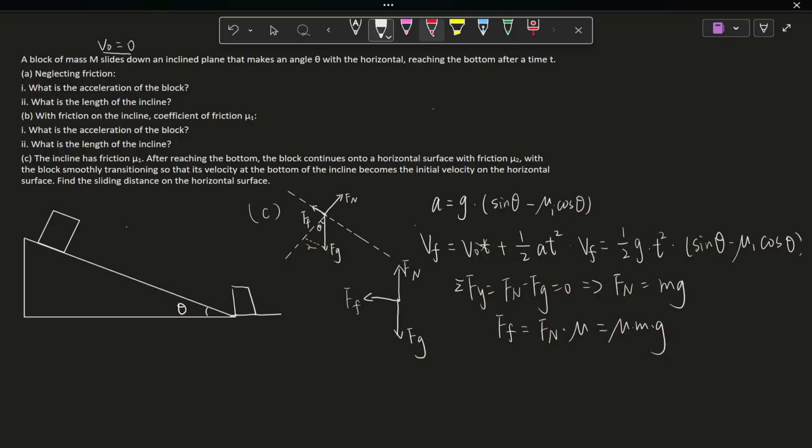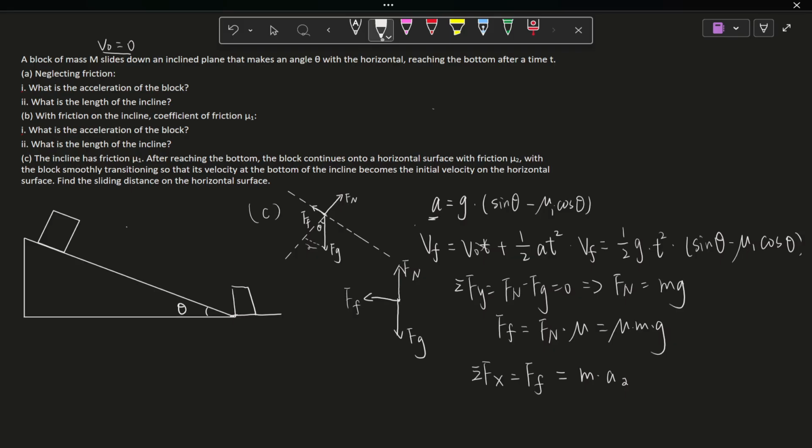And now let's write a net force equation for the horizontal direction, since it is moving horizontally and we must figure out when it stops. We can find the acceleration by writing the net force equation. Net force Fx is only equal to Ff, which is equal to m times a2, because we cannot use a here since a is already being used.